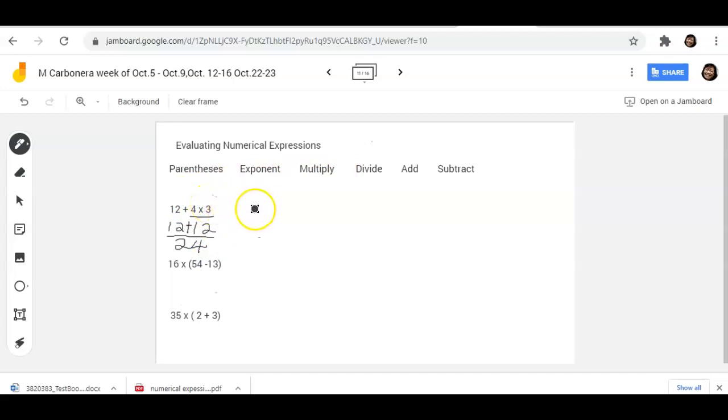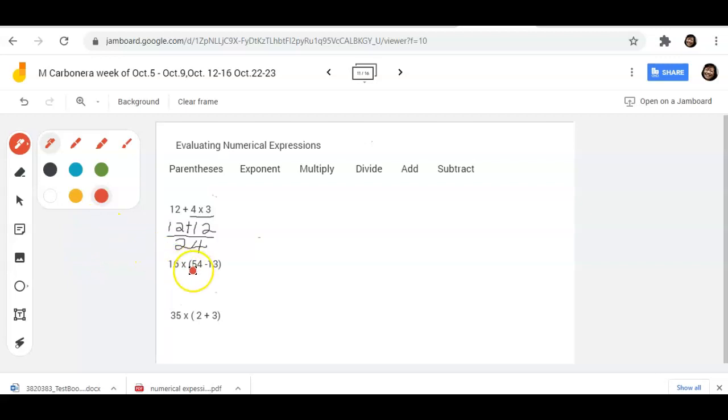Okay? I have here the second example. The second example is 16 times open parenthesis 54 minus 13 close parenthesis. So ask yourself, do I see parenthesis? Yes. So therefore, you are going to solve the operation inside the parenthesis.